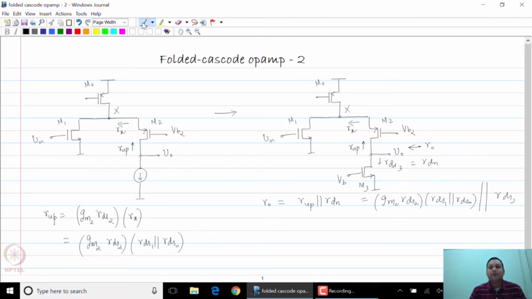It is going to be very difficult to make these of the same order, and typically what you'll find is that R down in such a case will always be much smaller compared to R up. This is not the best case because you wanted a current source which would have a much higher impedance compared to the impedance looking upwards, which will give you the maximum gain from this particular stage.